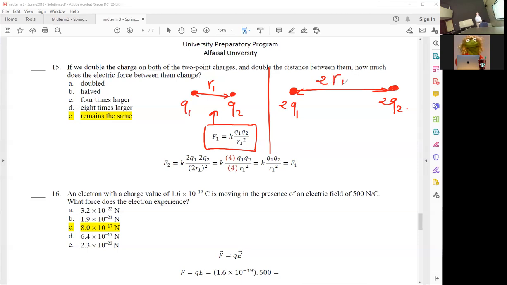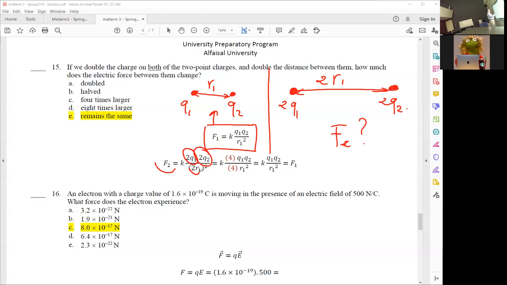Now, what would be the force F2 in this case? That's my unknown. F2, I would write it as K, and the charges will be 2Q1, 2Q2, and the distance will be 2R1, which I have to square.